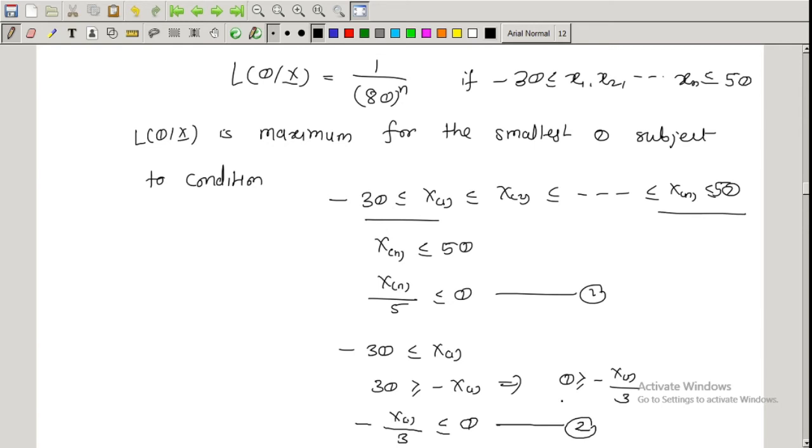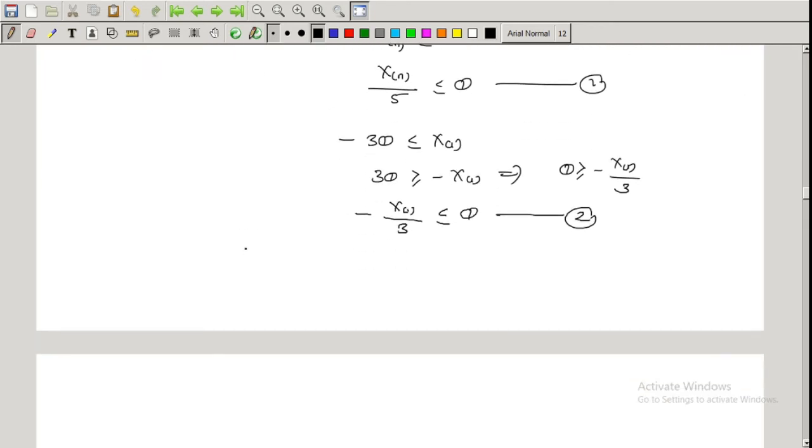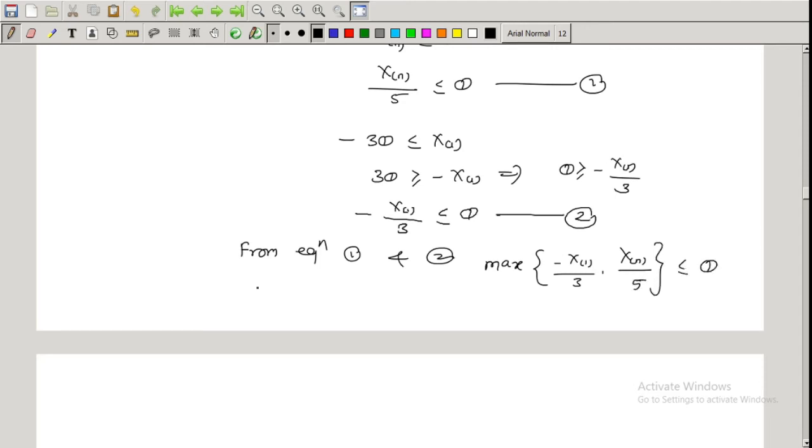So from equation 1 and 2 we can write the maximum value of minus x order 1 upon 3 comma x order n upon 5 is less than or equal to theta.